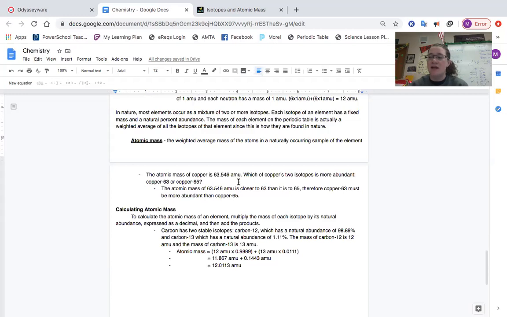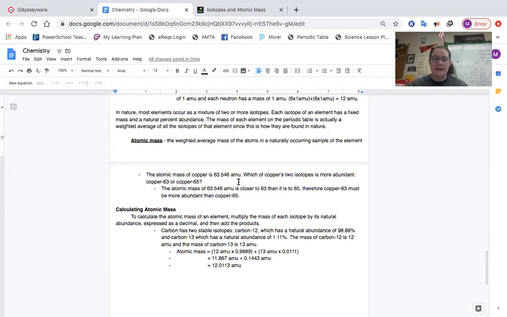Over time, we've studied the isotopes of elements and saw how often we found those in nature, and so we know the percent abundance of those. The mass of the elements on the periodic table is an average of all of those isotopes that we see. And when we calculate atomic mass, it's actually going to be a weighted average, because it doesn't just depend on what isotopes are present, it also depends on how often we find those.